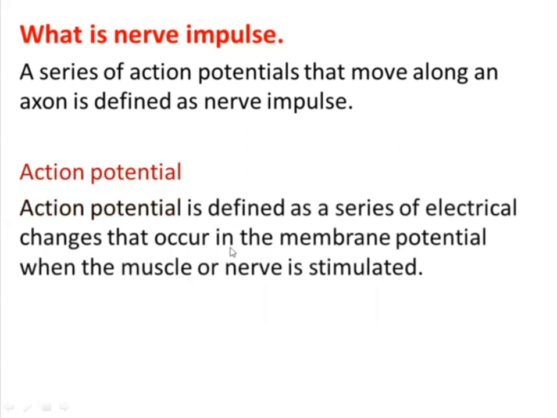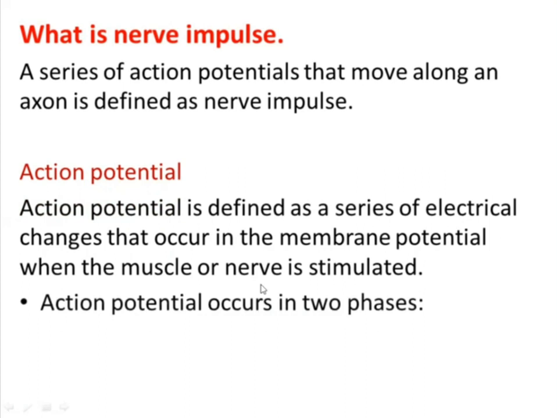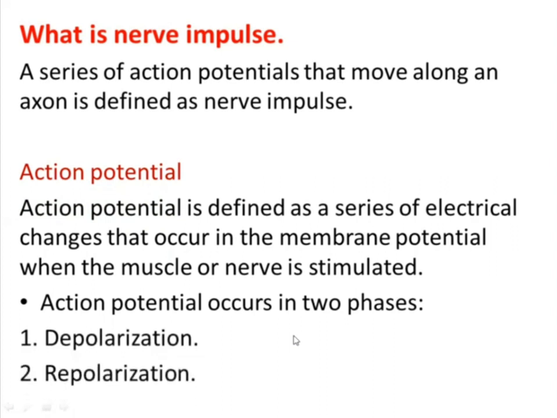The action potential is defined as a series of electrical changes that occur in the membrane potential when the muscles or nerves are stimulated, right? The action potential occurs in mainly two phases. There is the depolarization, then the repolarization, right?